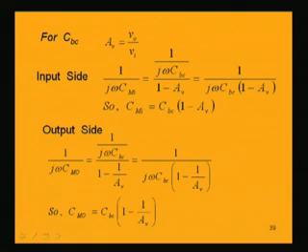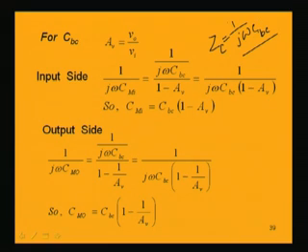The impedance due to a capacitance is equal to 1 by j omega C. Here C is equal to CBC, so the impedance offered by this in the original shunting part is 1 by j omega CBC.